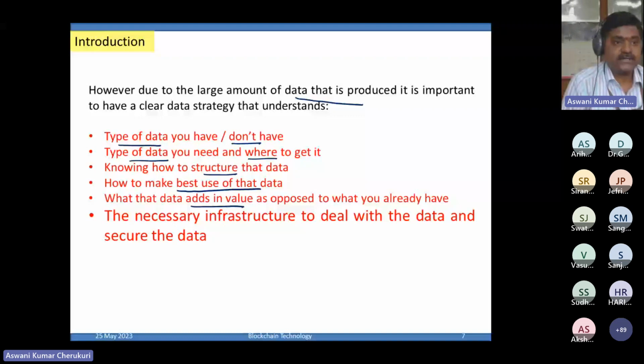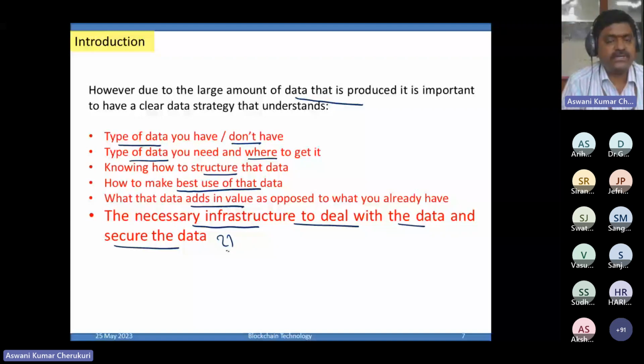And above all that, do we have the necessary infrastructure to deal with the data and secure the data? This is another fundamental challenge. How are we going to deal with the data and also secure it? These are some of the important points we need to think about. I'm creating data. Yes, in the healthcare industry like hospitals and pharmacies, data is getting generated.